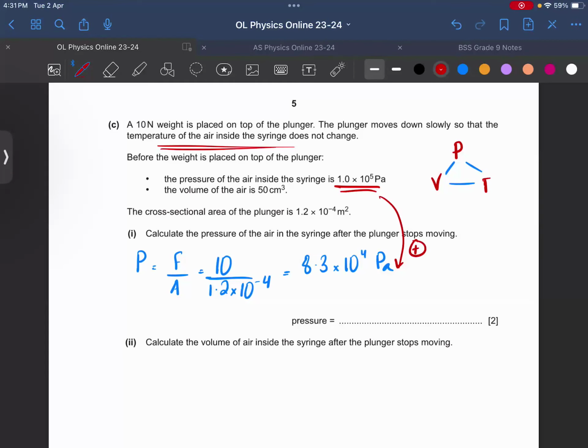Okay. How do we know this is the increase? Because see, you already have the pressure from before. This is the new increase because of the new weight which is placed. So when you add this, then what value comes? 8.3 into 10 to the 4.